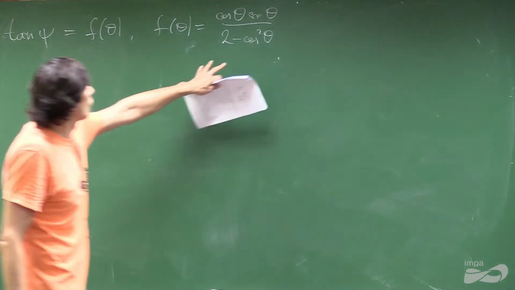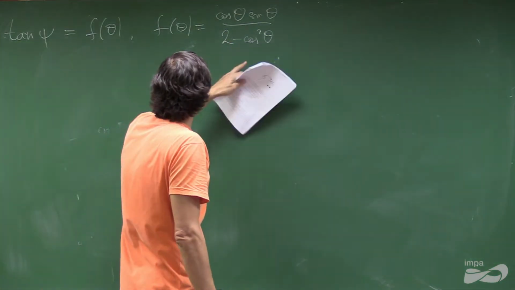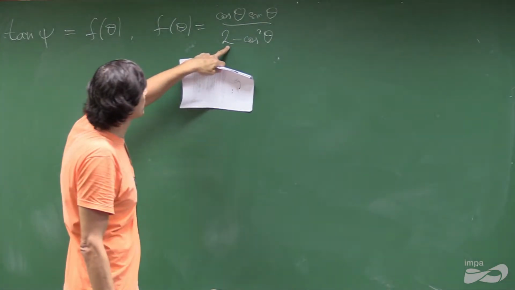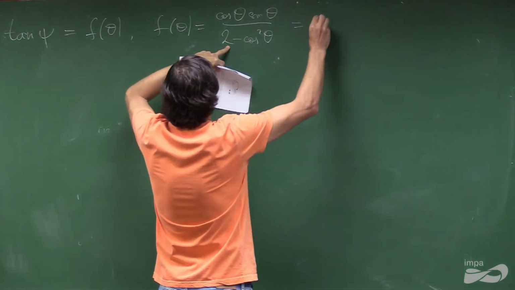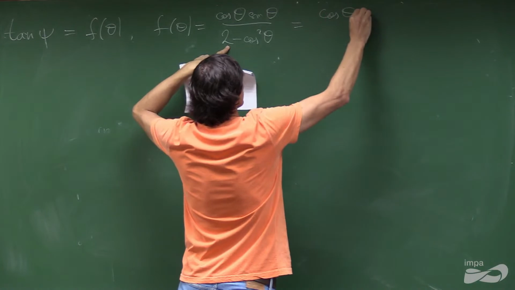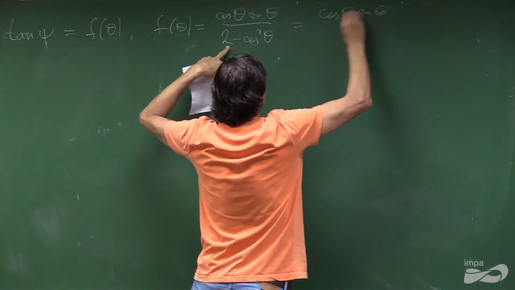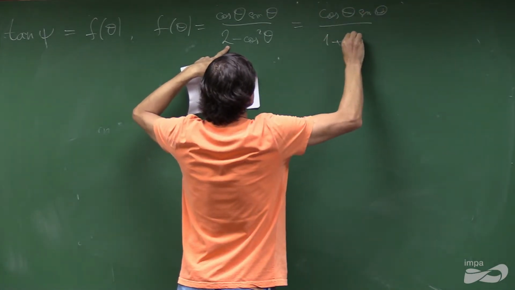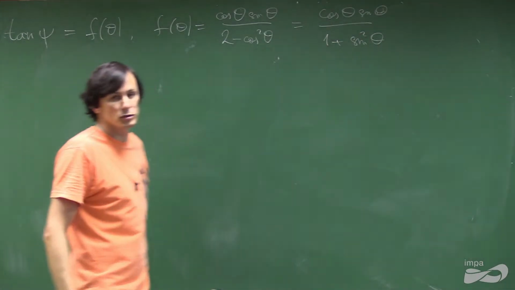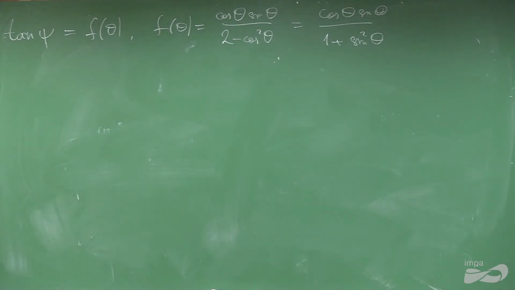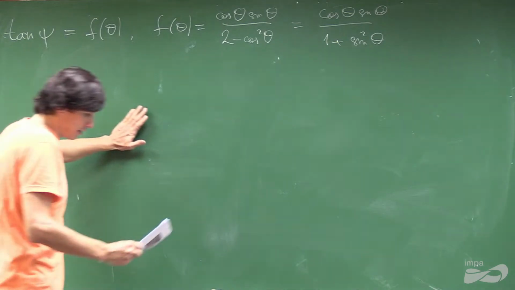And then we can express 1 as cosine squared plus sine squared, so it cancels the cosine. It will be 1 plus sine squared theta. It's just to see that the denominator is between 1 and 2. Okay, so that's essentially it.